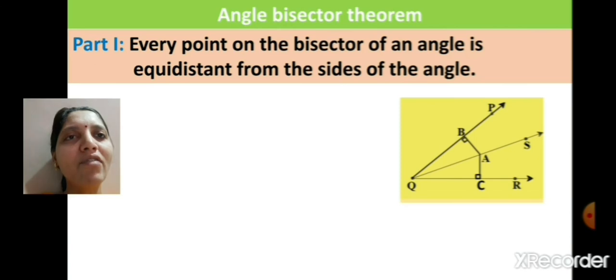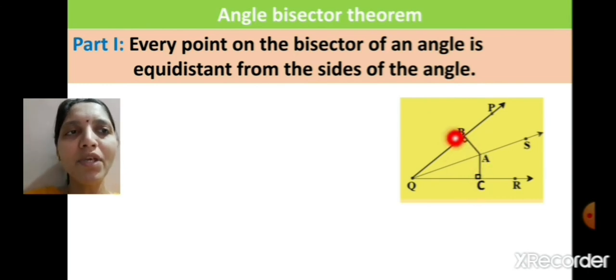After that, we have learned the angle bisector theorem. This theorem also we have learned in two parts. Part 1, every point on the bisector of an angle is equidistant from the sides of the angle. Now in angle PQR, ray QP and ray QR are the two sides of this angle.